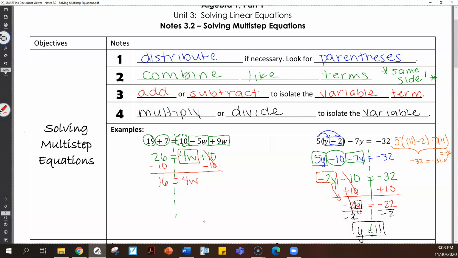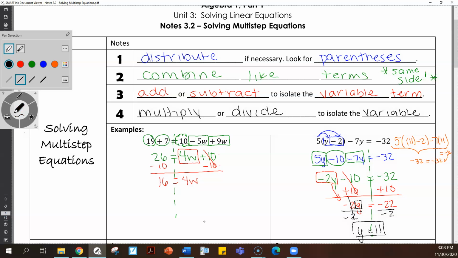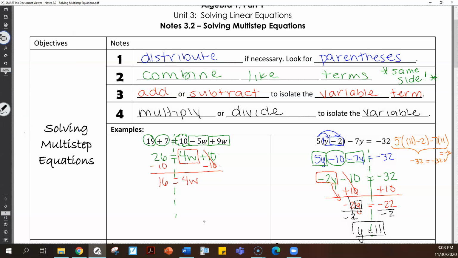So now I've isolated my variable term, my 4w. So now I can isolate my variable. Once my variable term is by itself, I want to get the variable by itself. My variable is w. I need w to come away from 4. So right now this is 4 times w.